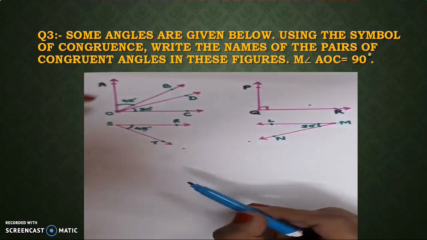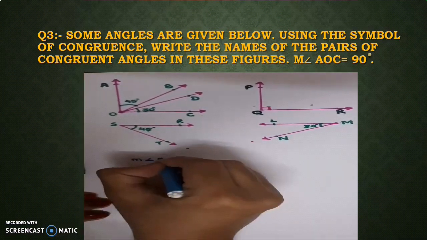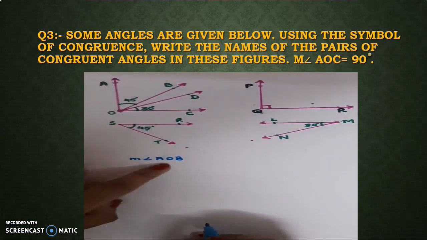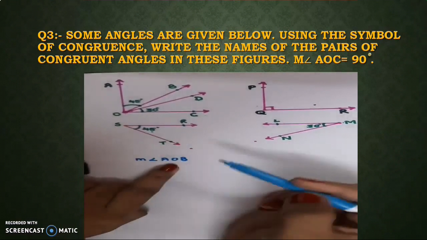45 degrees is the measure of angle AOB. So here we will write measure angle AOB is equal to 45. Along with AOB, which else angle is 45 degrees? RST.